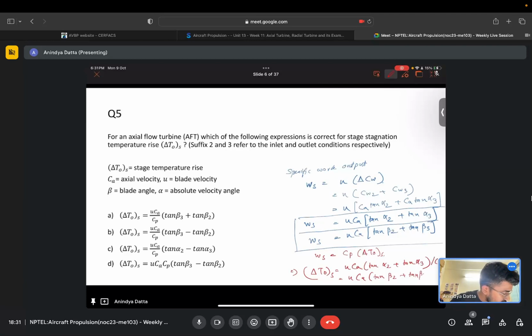These are the two possibilities. Looking at all the options given, option A matches the expression that we derived. Therefore option A is the right answer. Is this clear?